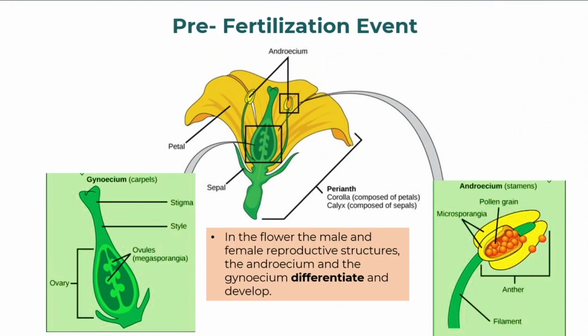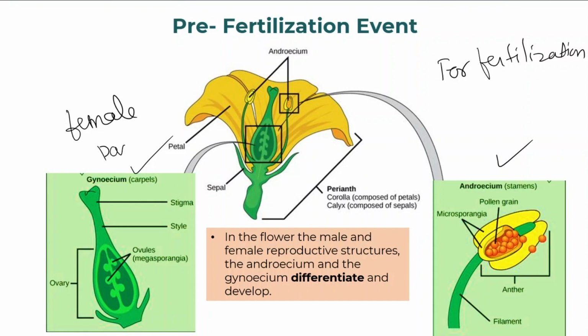Now, pre-fertilization event means for fertilization to occur, you need some basic requirements. And that basic requirement is obviously a male part or a female part. So how are we going to get that? We are going to get it through a process called gametogenesis.